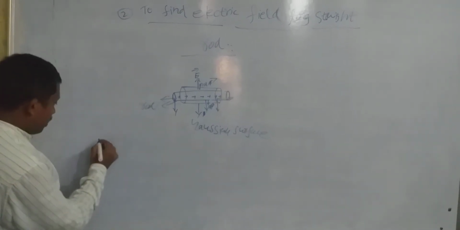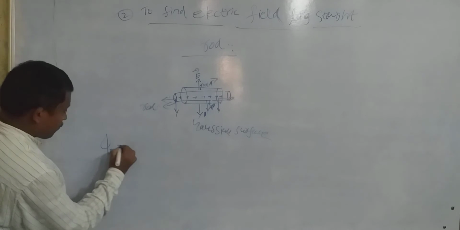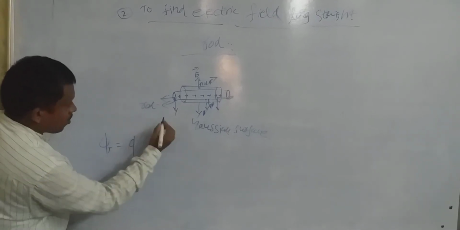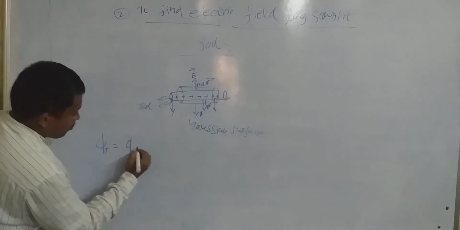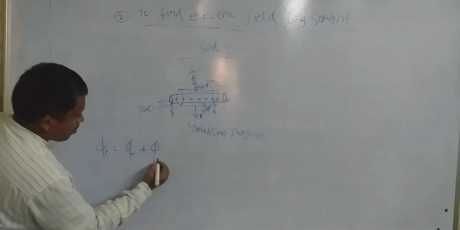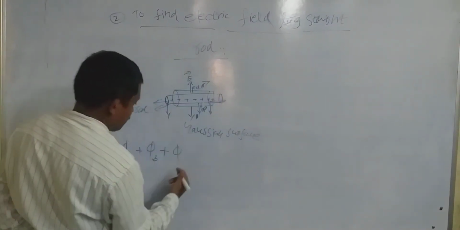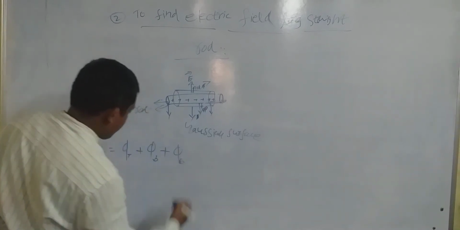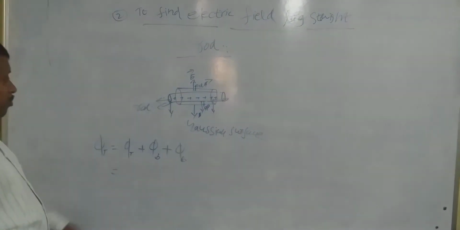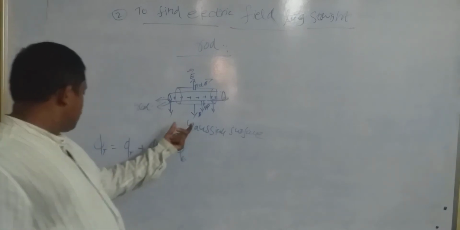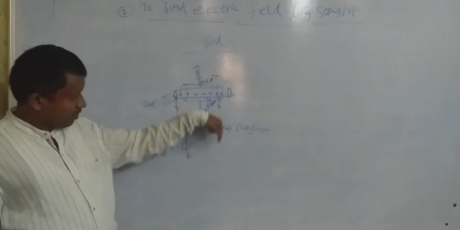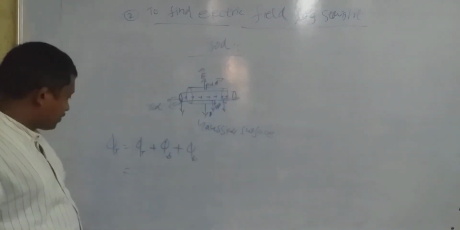Total flux equals flux on top plus flux on bottom plus flux on the curved surface. Both at the bottom and the top, the electric flux is 0 because the electric field is tangent to the surface area.